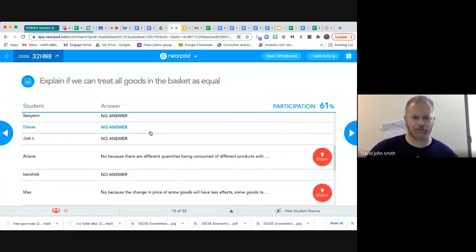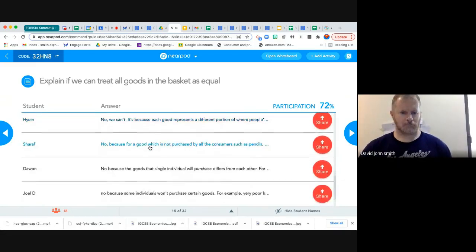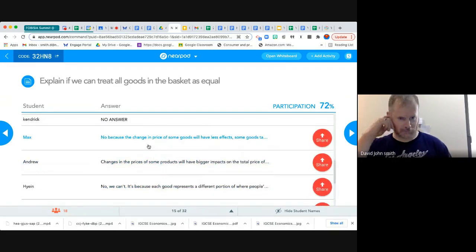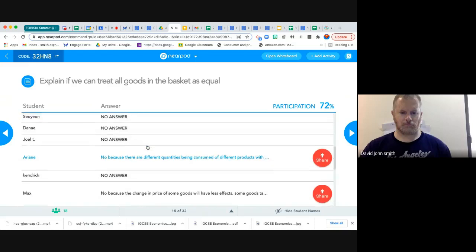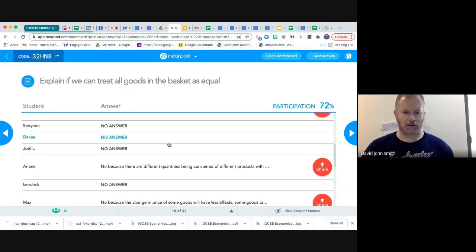A couple more, have a go. Okay, just a couple more, have a go.